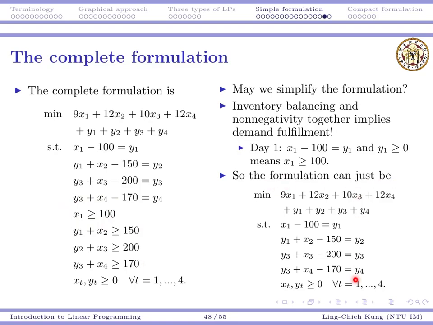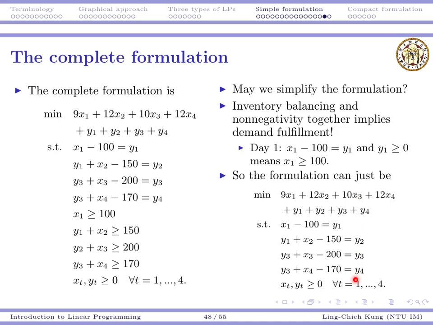Okay? You can ignore the 4 demand fulfillment constraints. So in many cases, after you formulate your first program, it will be better to look at it again to see whether something can be removed or something can be reorganized so that you may get a better formulation.